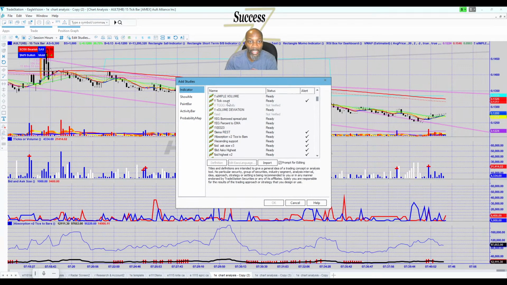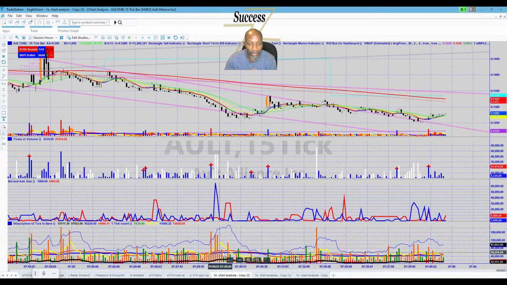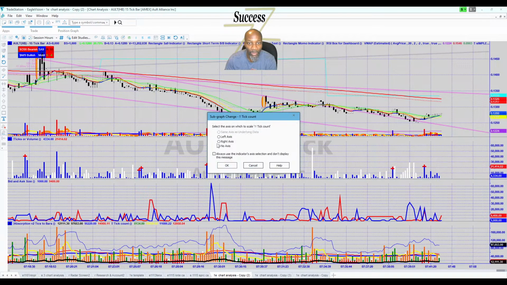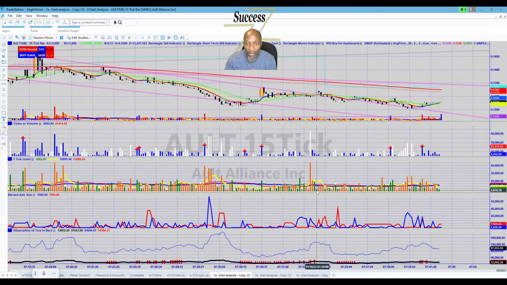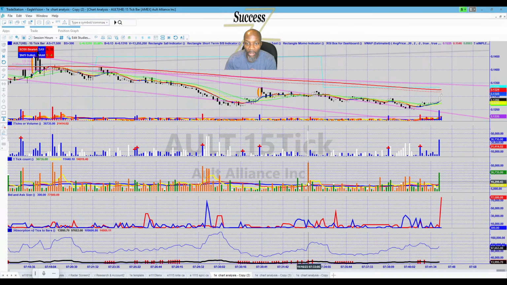Let's go back and add tick count because I had the moving average there. Yes, make sure. Okay, so even though this tick count was really high, here's the average. I'm probably going by that yellow line, which is a 6-period moving average.